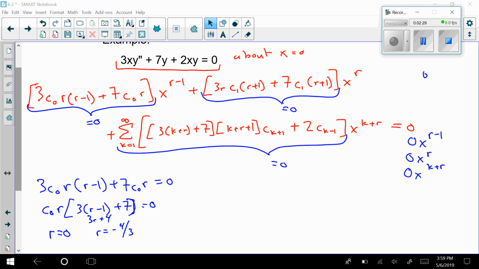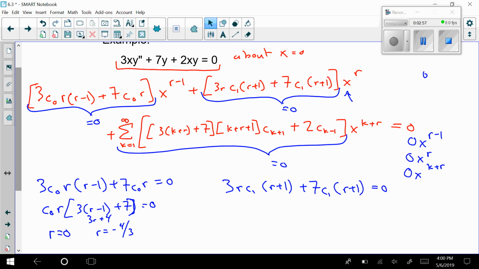Now we have the other side here, which would be 3 times r plus 1 times c sub 1 plus 7 times c sub 1, r plus 1, equals 0, and that's for this one right here. The big thing here is we actually really don't care.